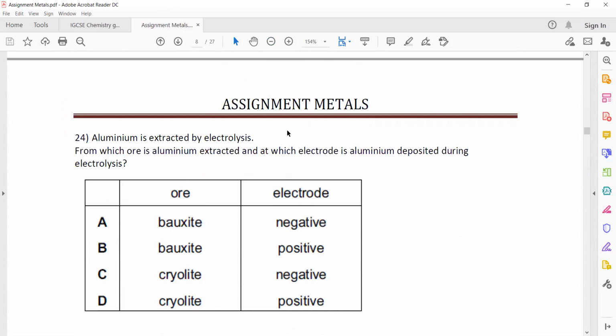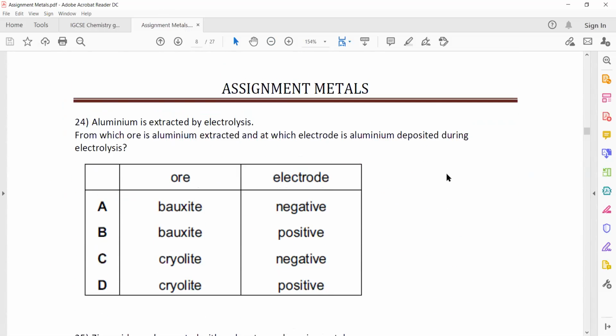Question 24. What could be the answer for question 24?